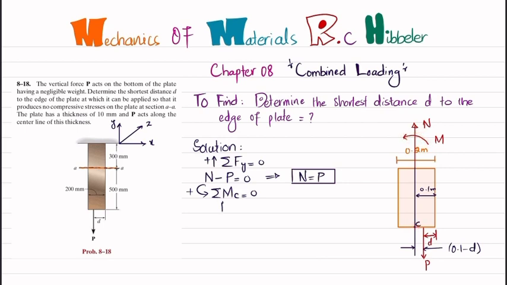So I will write plus M, and the second moment is this force P with this perpendicular distance, and this is producing a clockwise moment, so it will be negative. So I will write minus P times (0.1 minus D) equal to 0. So it means that this moment will be equal to P times (0.1 minus D). So this is the moment that is produced.